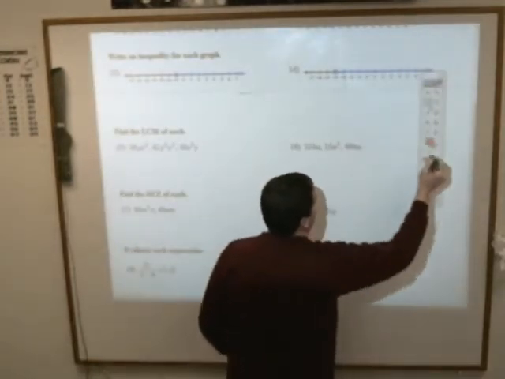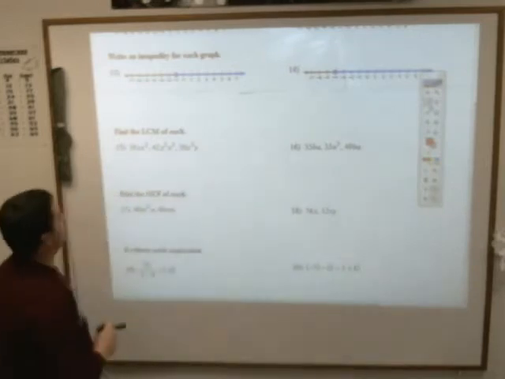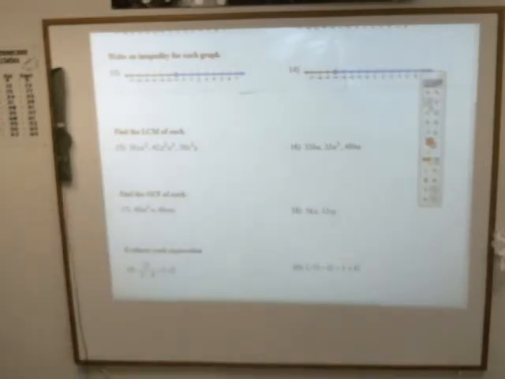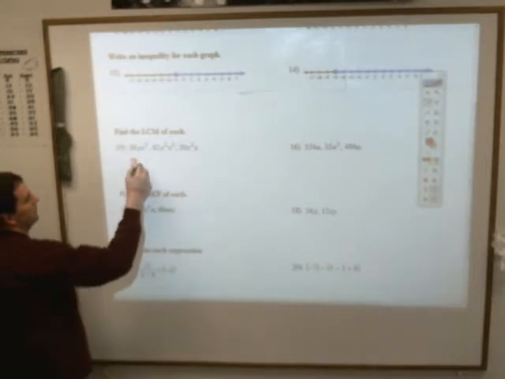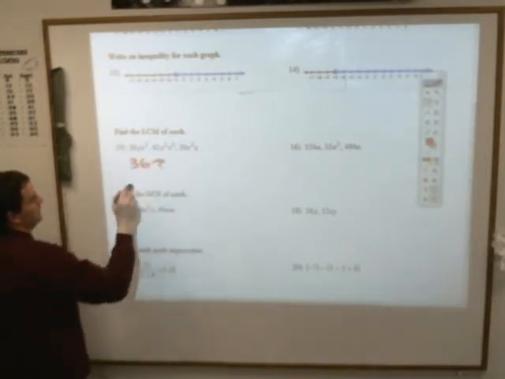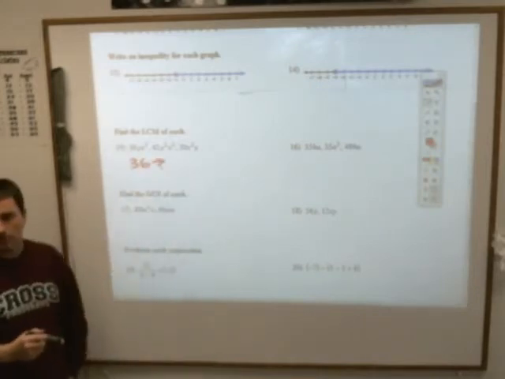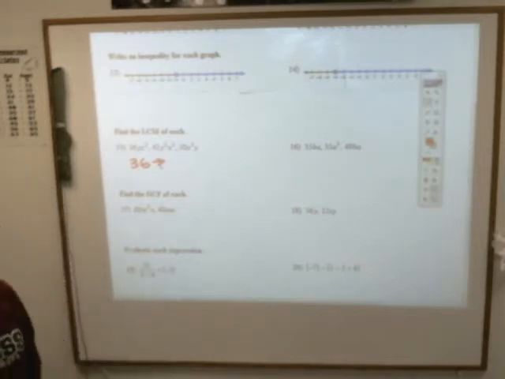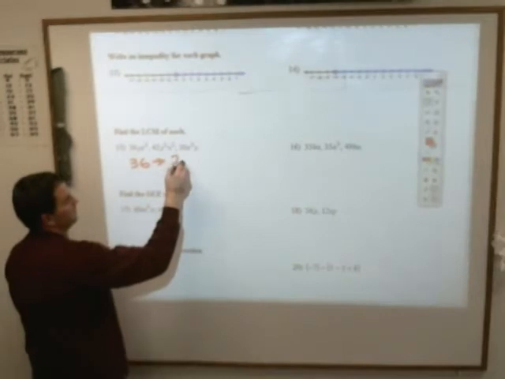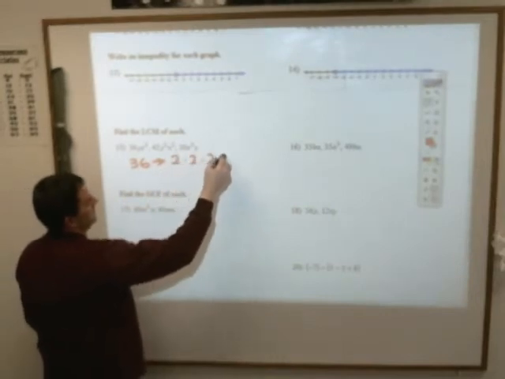15, Lizzie says. All right, anytime you find the least common multiple or the greatest common factor, your first step is to do what, Glenn? Prime factorize. Now, if I'm prime factorizing 36, what'd you get for the prime factors? 2, 2, 3, 3. Correct, because it's 6 times 6. 2 times 2 times 3 times 3.